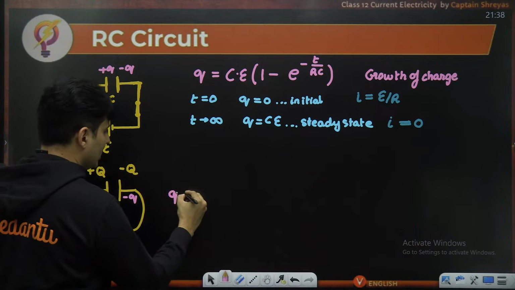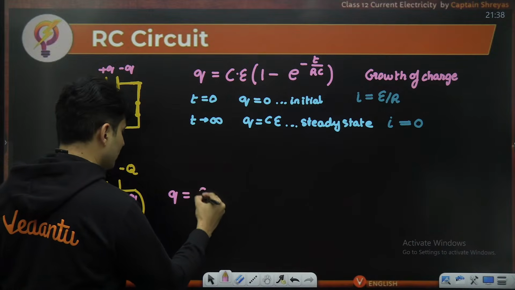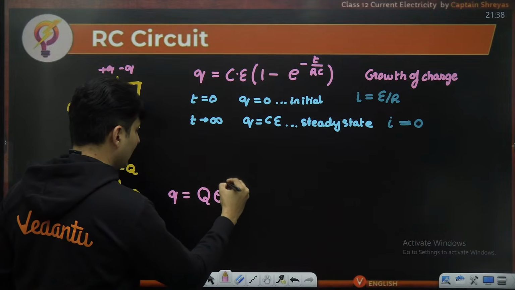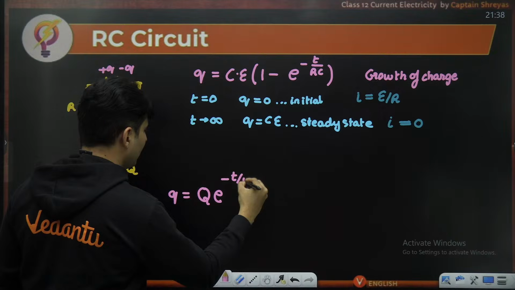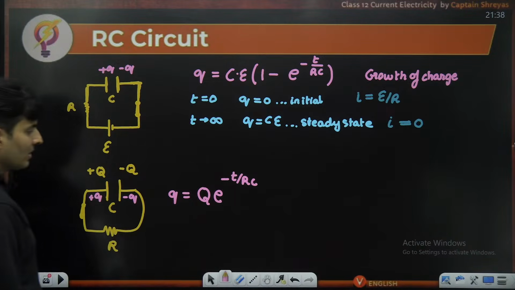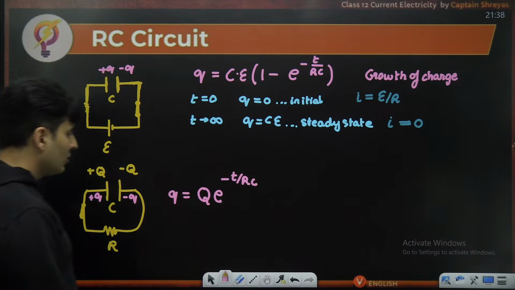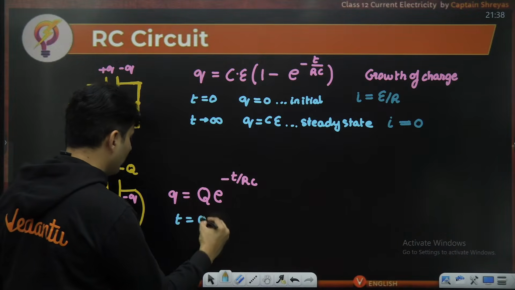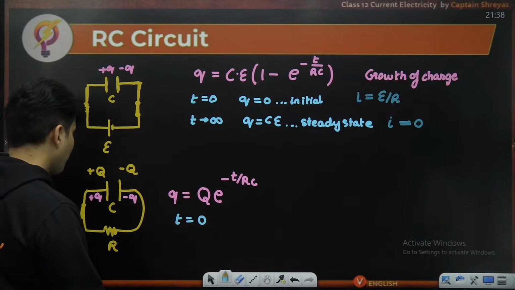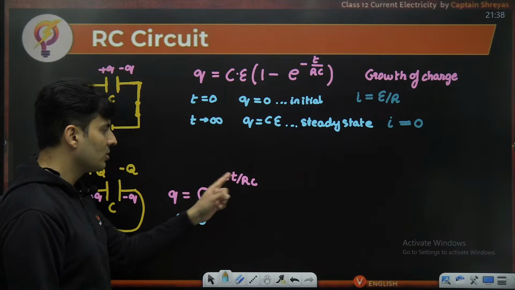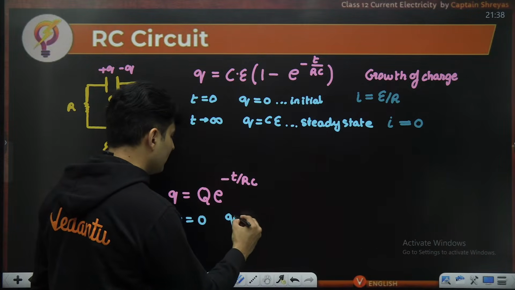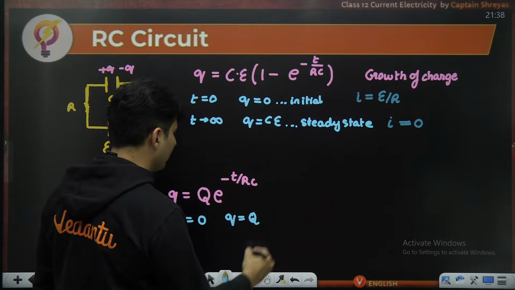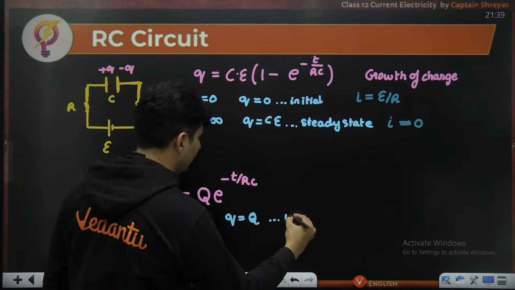Then that charge as a function of time is that original charge times e raised to minus t divided by RC. This is how the function of the charge is. So if you put the value of time as 0, that means initially, t = 0, e raised to 0 is 1. So you will obviously see the initial charge as capital Q.